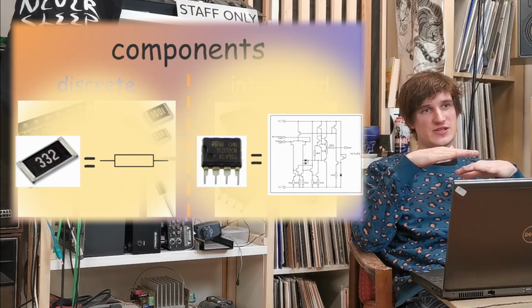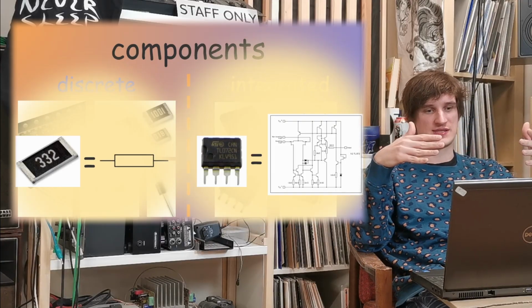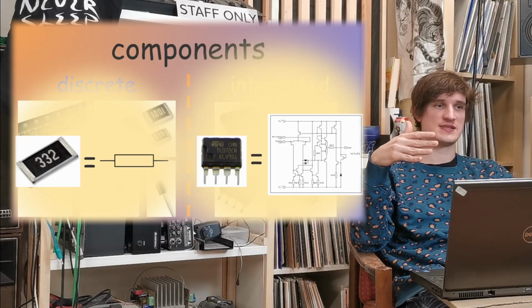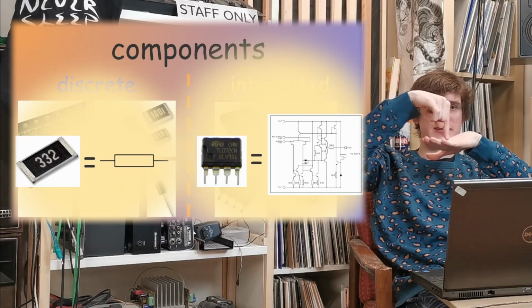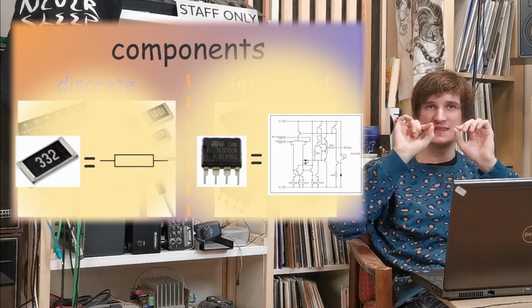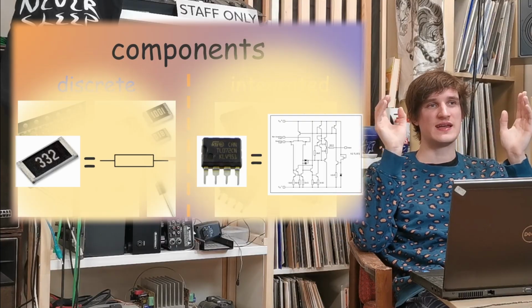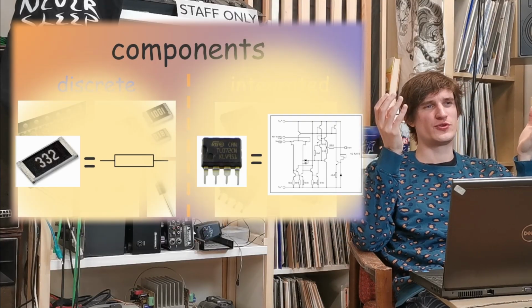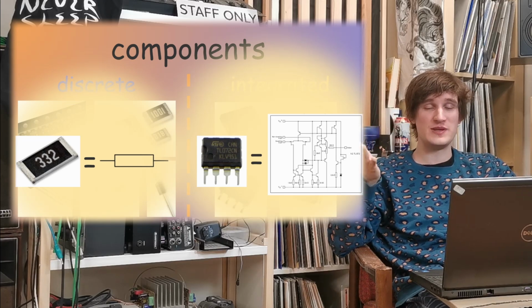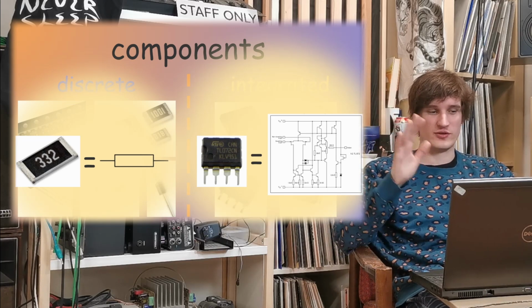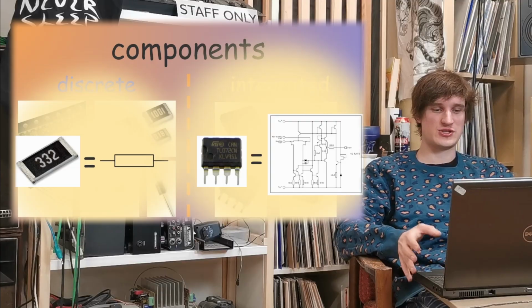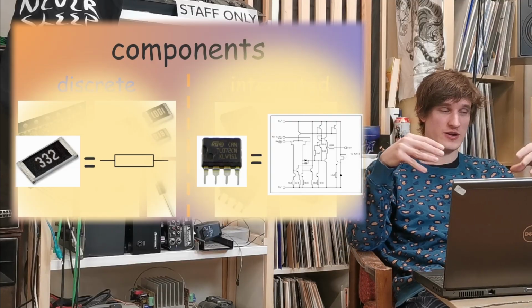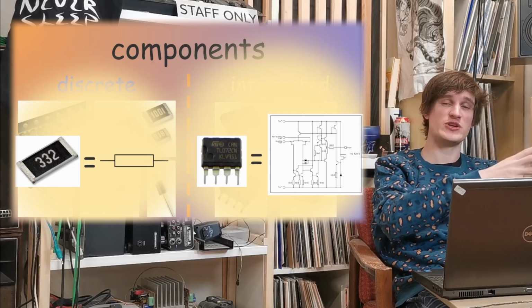The components in integrated circuits are etched on a silicon wafer, and those are very small components, I don't want to lie, but it's on the order of nanometers or something like this. So you can imagine that those components are much smaller than discrete parts.